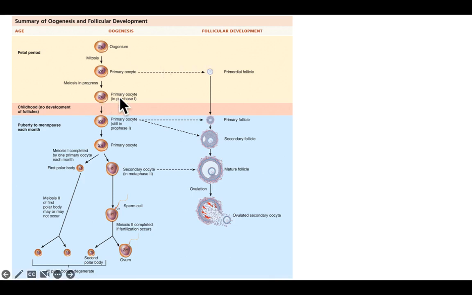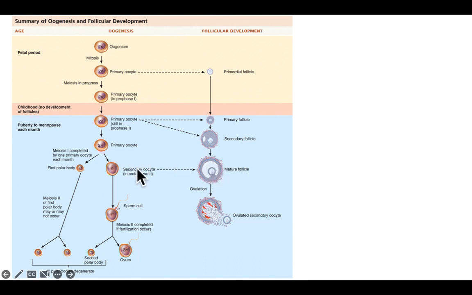All right, there's no hormones. So none of this is going to progress until puberty. And when puberty hits, we start this process. So the primary follicle forms, secondary follicle forms, mature follicle forms. Notice what's inside the mature follicle.